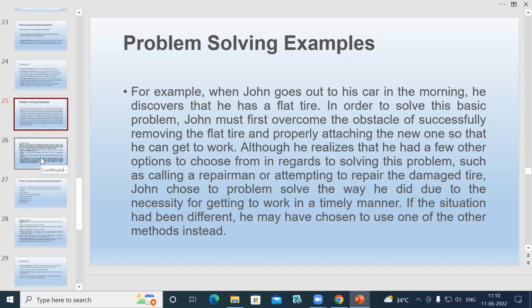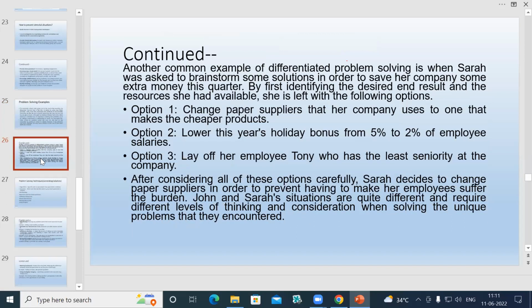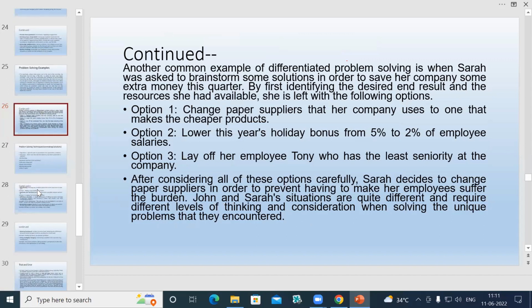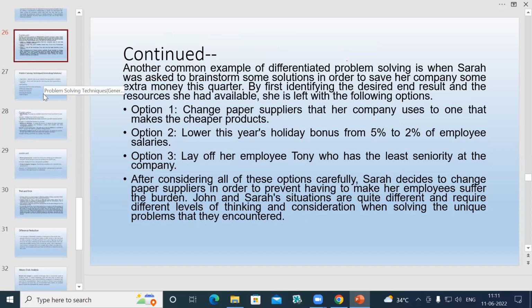Another slide, please. Another common example of differentiated problem solving is when a girl, Sarah, was asked to brainstorm some solutions in order to save her company some extra money for this quarter. So by first identifying the desired end result and the resources she had available, she is left with the following options.